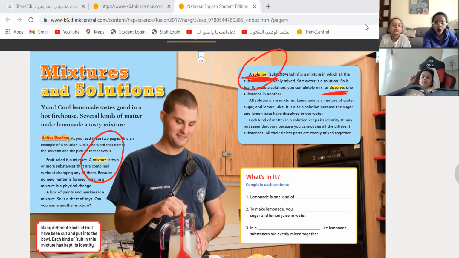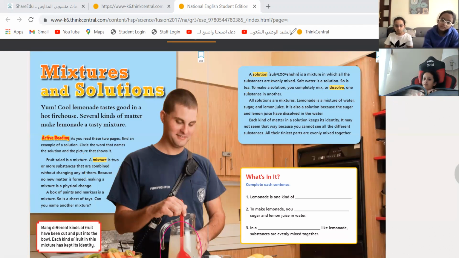And we said that a solution is a mixture. A solution is a type of mixture, but you need some liquid to dissolve the solid in it, like the salt or the sugar. Also, tea can make a solution.